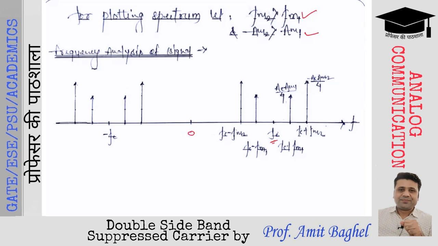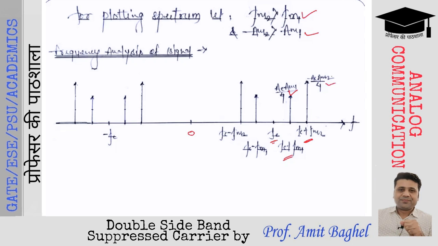We are going to get two impulses: one at fc plus fm1, another at fc plus fm2. So these two are the upper sideband frequency components of the modulated waveform. The strength at fc plus fm1 will be Ac Am1 by 4, and at fc plus fm2, another upper sideband, the strength will be Ac Am2 by 4.